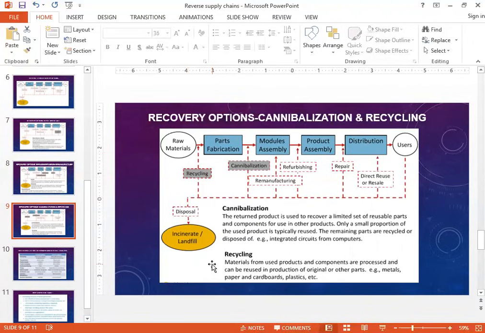Just imagine certain parts are taken apart and then completely used in the production process altogether. So it's recycled. It goes through the entire cycle all over again. These are old used products, goods being put into making new products. Therefore this is called recycling.